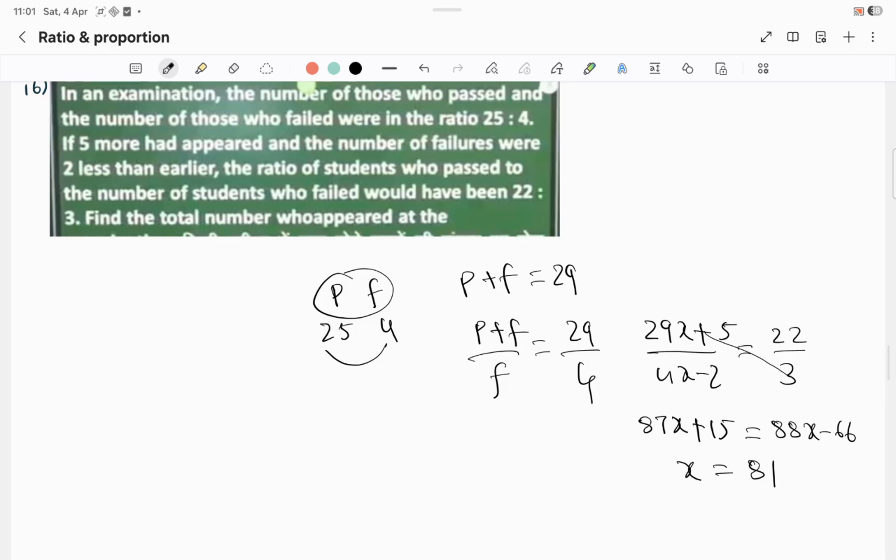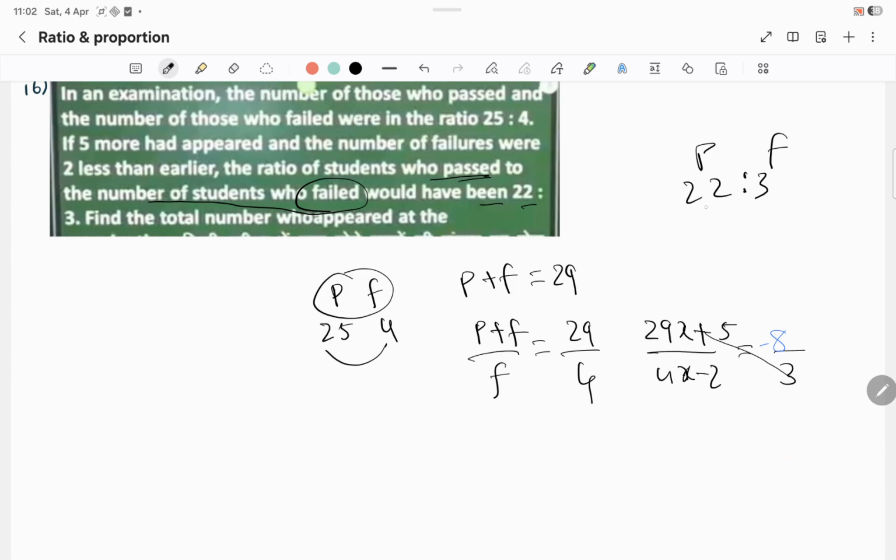Have we done it correct? Actually 22 and 3 is wrong, because 22 to 3 is the ratio of passed to failed, but the ratio should be total to failed.